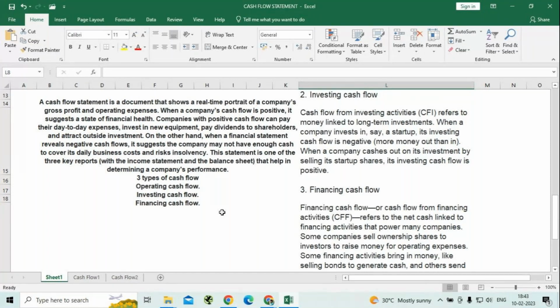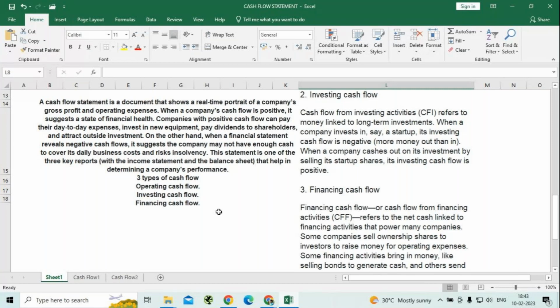At the same time, if we are able to cover all the expenses of the day-to-day activities, invest in new equipment, pay dividends to the shareholders, and attract investment from the outside, these are all the positive status of a cash flow statement.